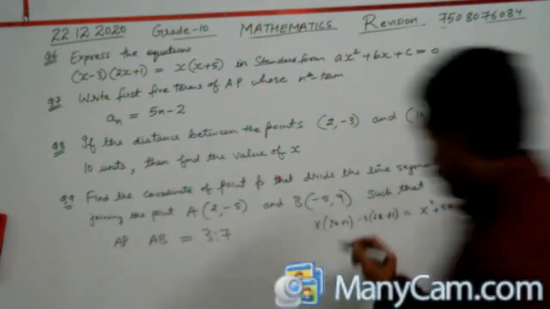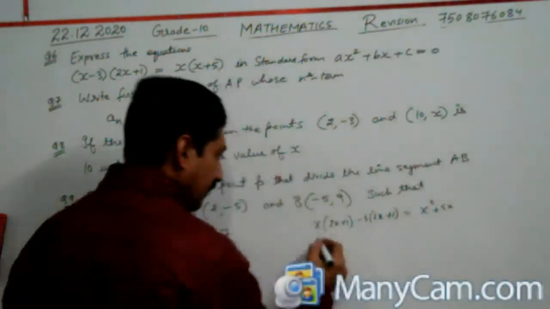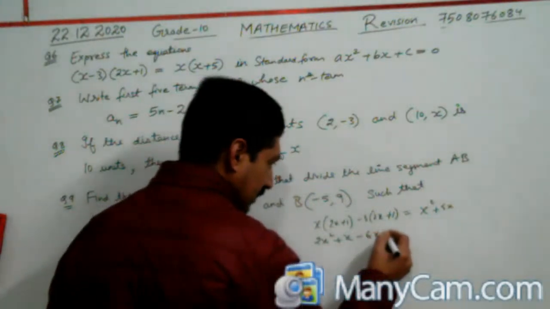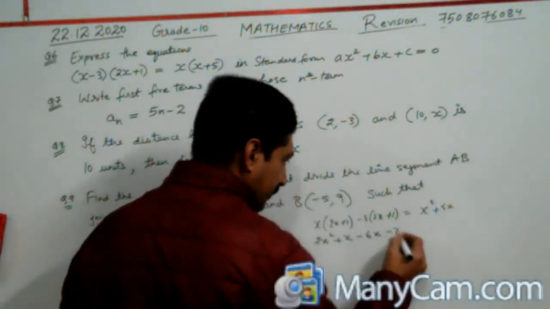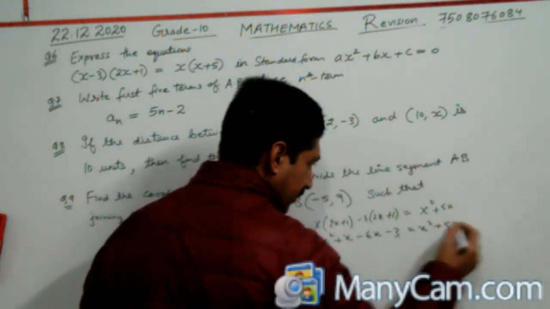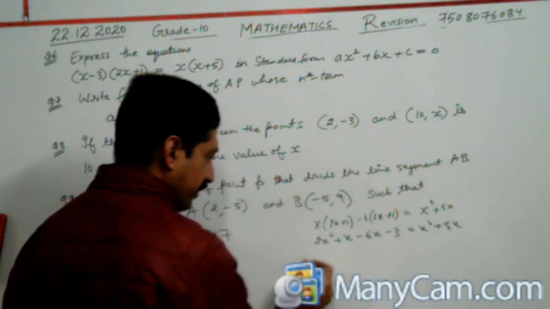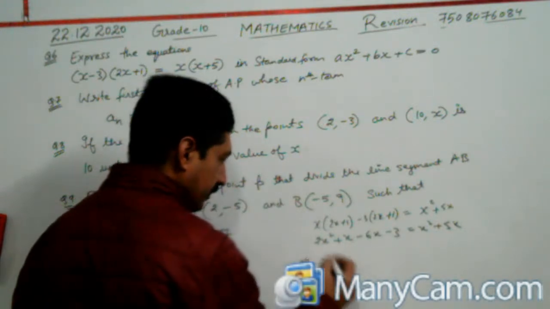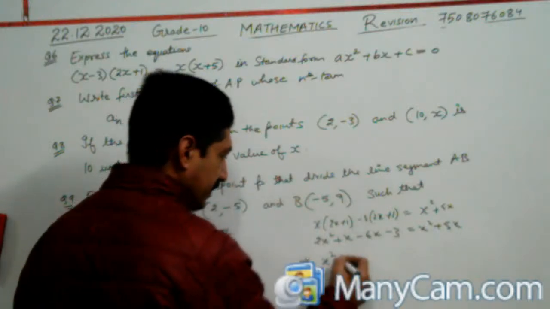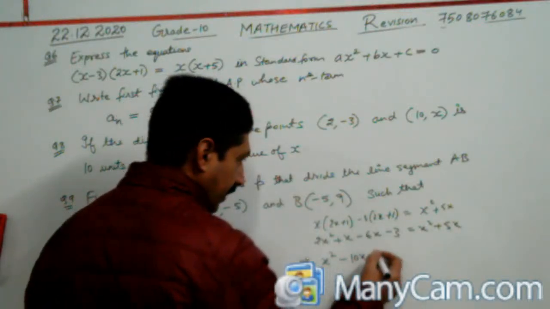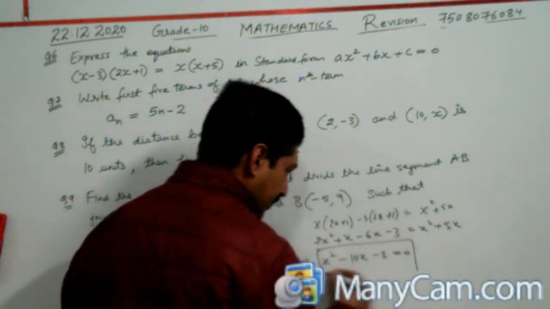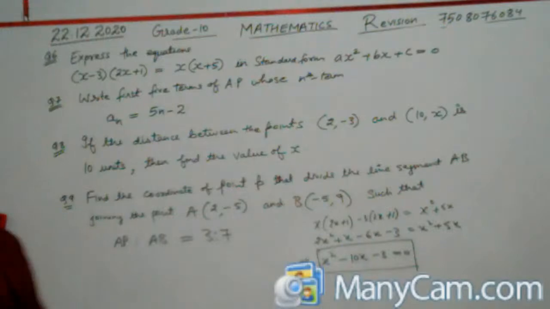When we multiply, we have 2x square plus x minus 6x minus 3 is equal to x square plus 5x. When we rearrange, we are left with x square minus 10x minus 3 is equal to 0. So Parul, your answer is right.